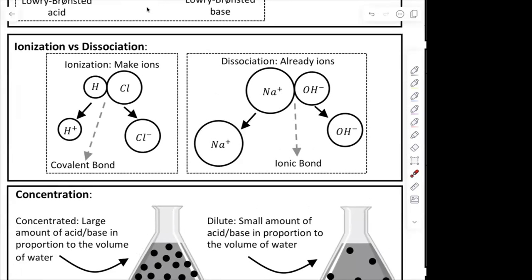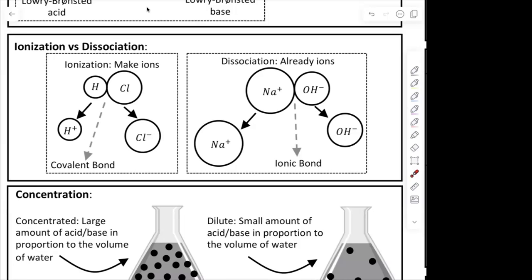The reason why we use those two words, ionization and dissociation, is that they essentially mean roughly the same process: the process by which a compound will split up into its constituent atoms. But what's very important is how those original atoms were bonded. That's what makes the difference between ionization and dissociation.